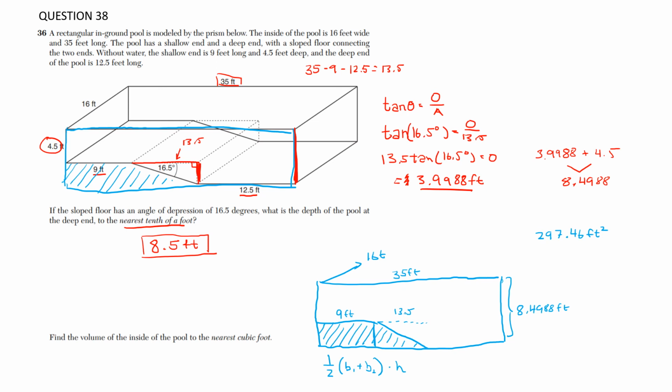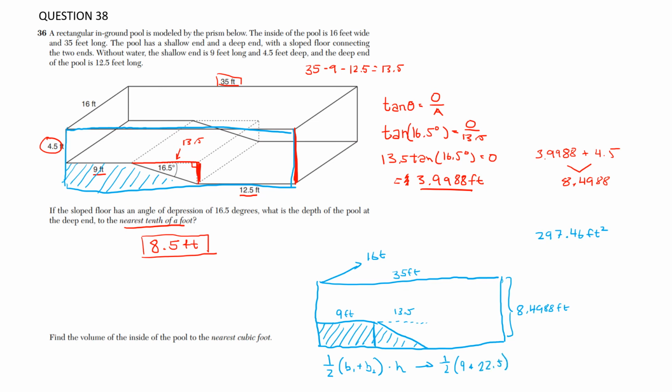So we know the lengths of both bases in this case. So we can do 1/2 times 9 feet plus, so 9 plus 13.5 gives us our second base, 22.5.